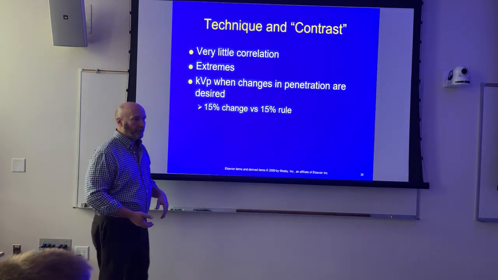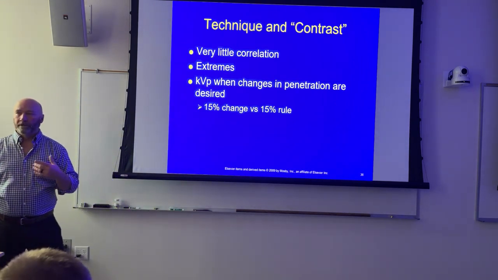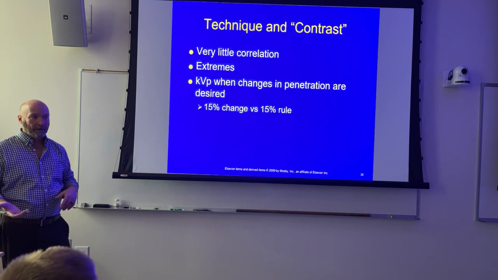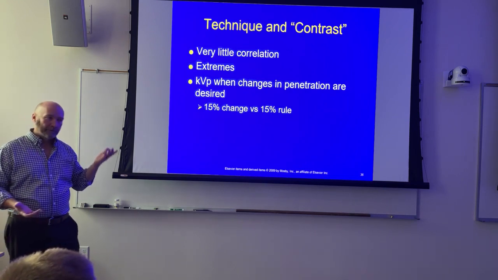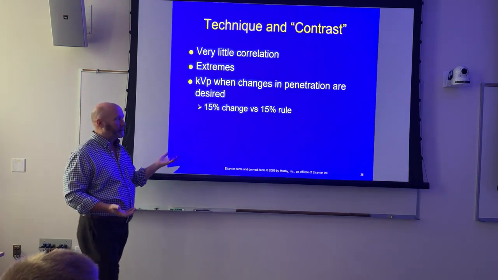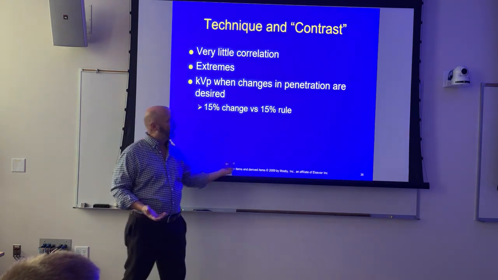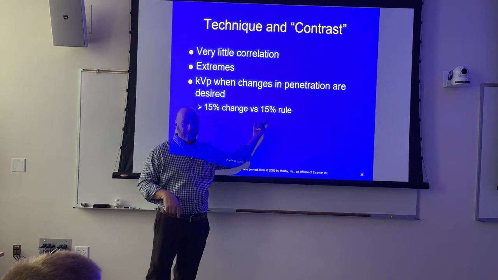With the 15% rule, we use a higher KVP to try to limit the patient dose, or at least not make the patient dose go up, so we increase our KVP and reduce our mass.